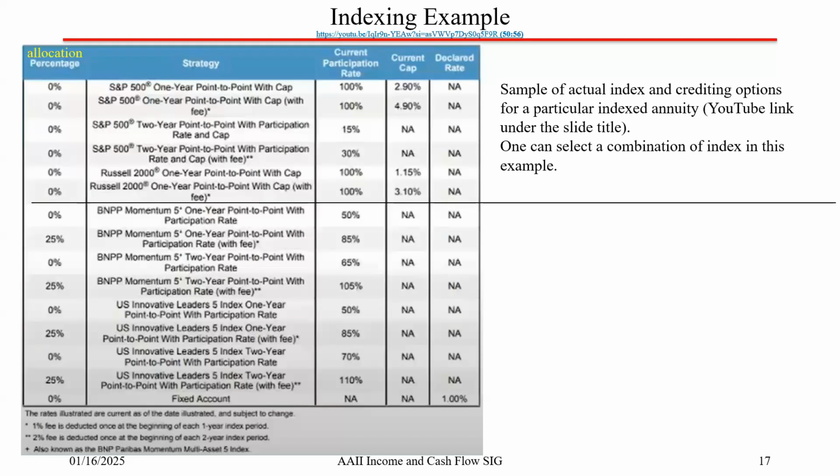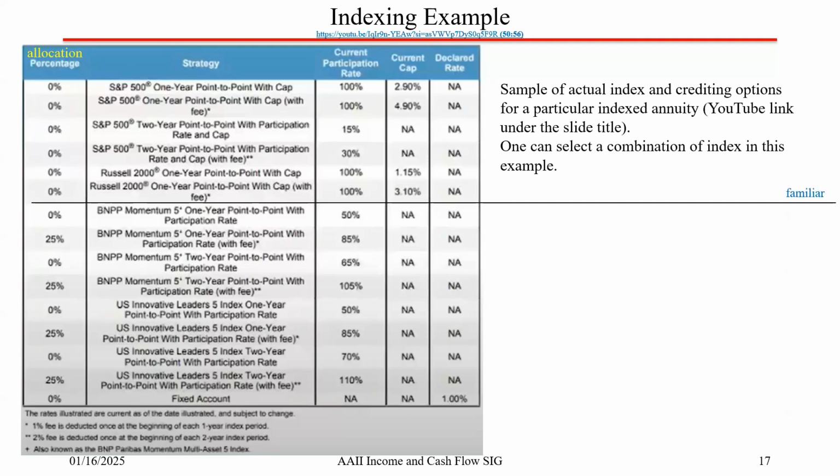Most people understand that. The third column is participation rate. The next column is the cap. Then the declared rate, not quite sure what that is. If you look at the part below the line, I've never heard of those.